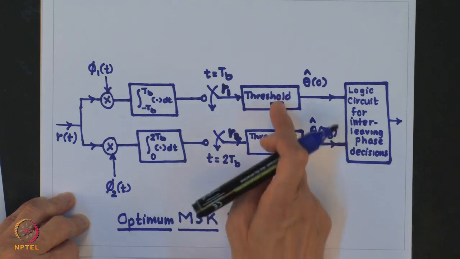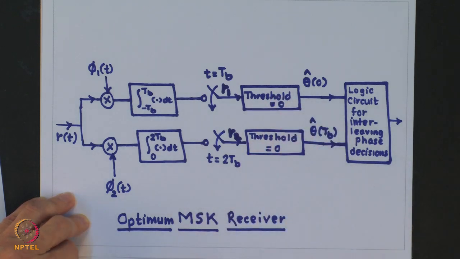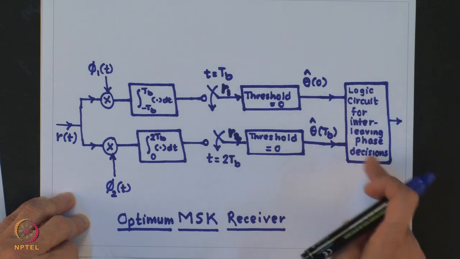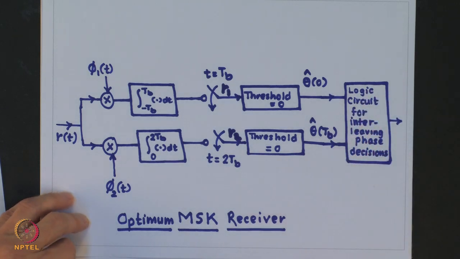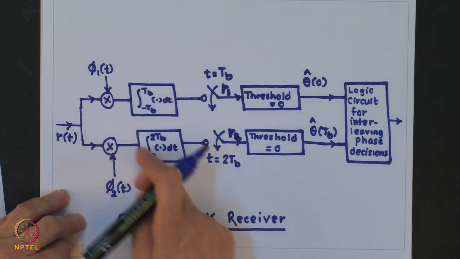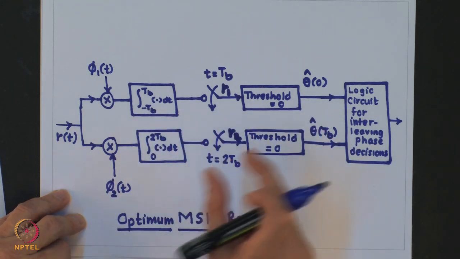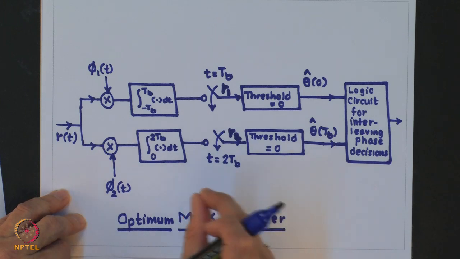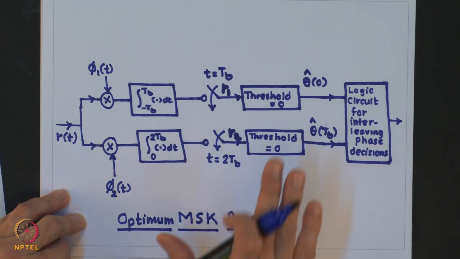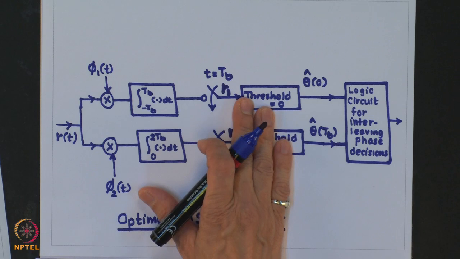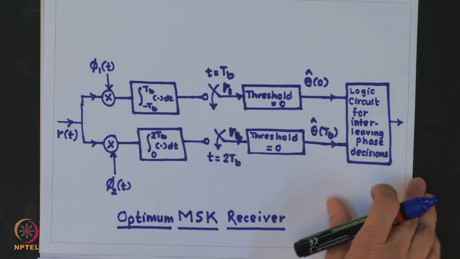So we choose for both the channels the threshold to be 0, and then there is a logic circuit for interleaving phase decision. I have shown the circuit for the first bit interval, that is from t equal to 0 to t equal to Tb, and you can easily extend this to any time interval as follows.